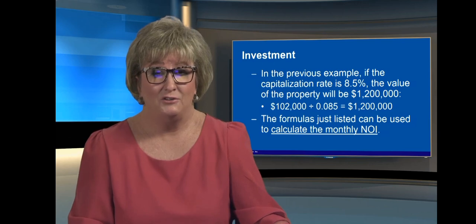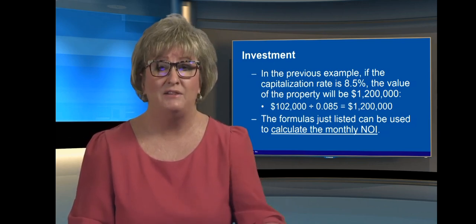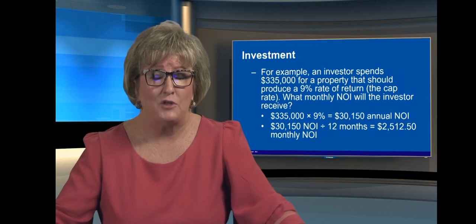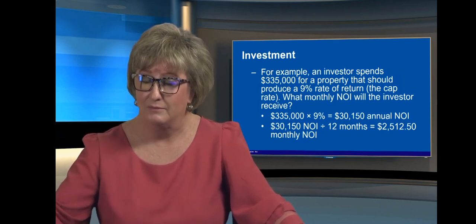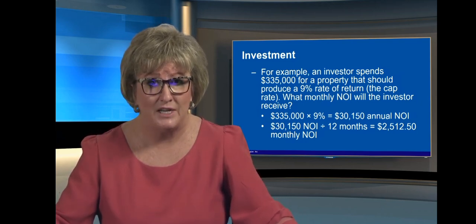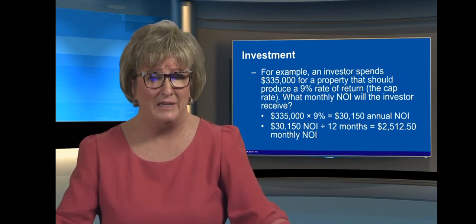And we can also use that same formula if we want to calculate the monthly net operating income. For example, if an investor spends $335,000 for a property, that's the value. And that property should produce a 9% rate of return, that's the cap rate. What will the net operating income be?